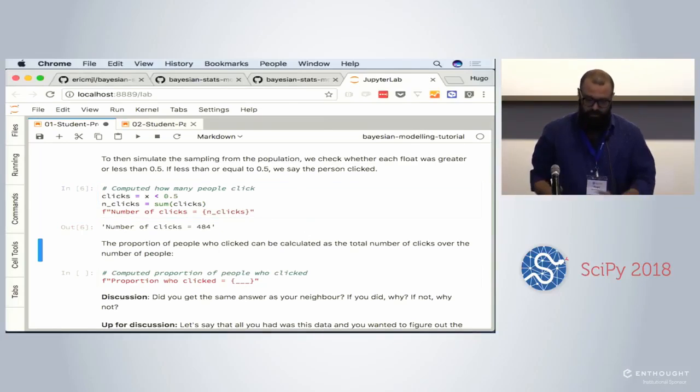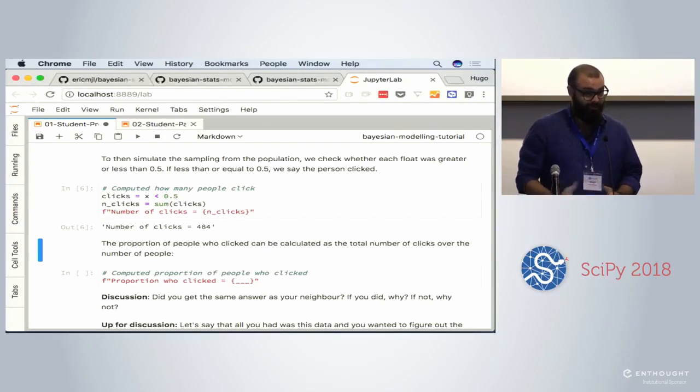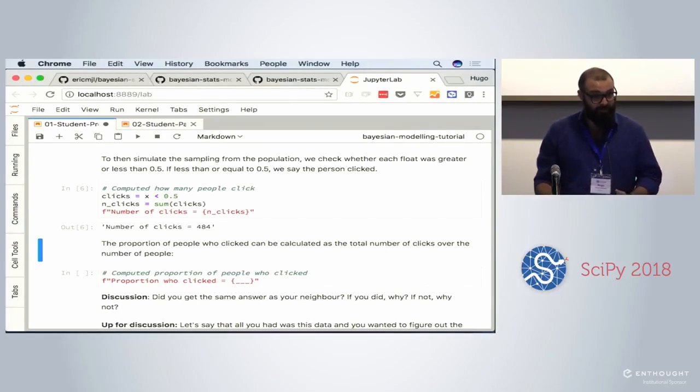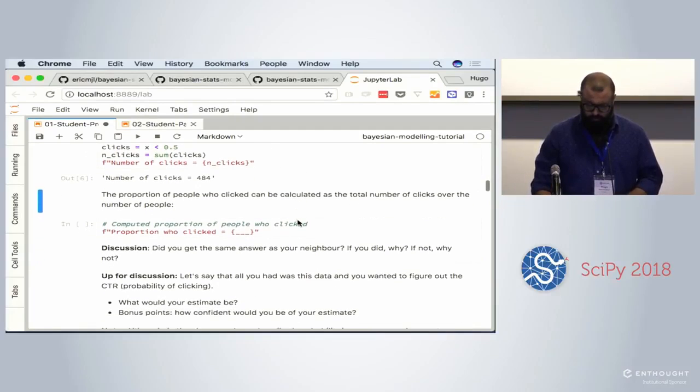No, I'm kidding. So the total number of clicks was 484, which is around 0.5, right? The reason we didn't get 500 is because this is a random process, and we're using a random number generator, so it will never be absolutely on point.